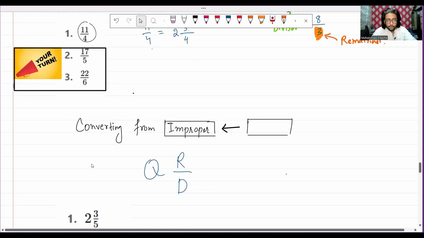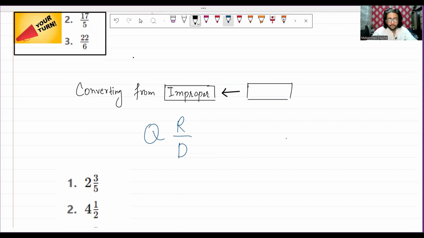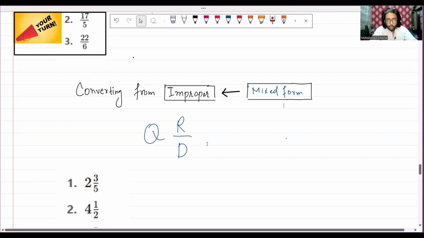Now, what if you're already given a mixed form? If you're already given the mixed form, how would you convert from the mixed form back to the improper fraction? Well, here is a simple trick.